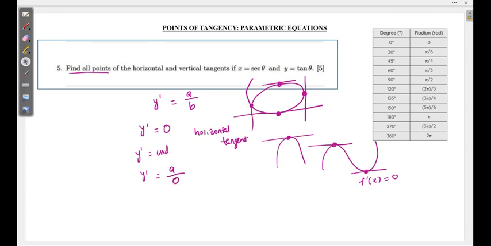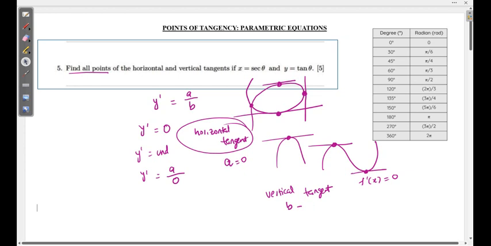So we are going to have horizontal tangents when our first part is equal to 0. Let me write it here. The vertical tangent will exist when the bottom part is equal to 0. That is the main idea.